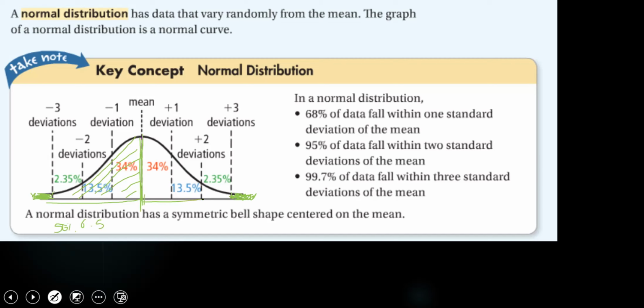And above the mean, it's also 50%. So the area under the curve is 1. The area below the mean is 50, and above the mean is 50. If we talk about a symmetric bell shape, 50 above the mean and 50 under the mean.